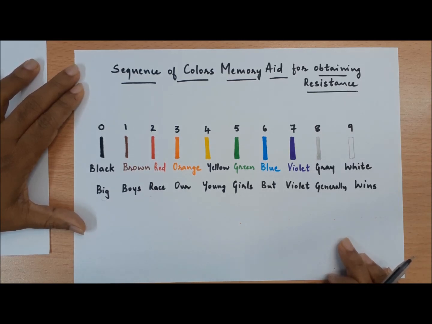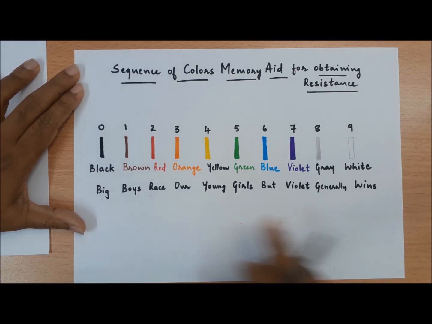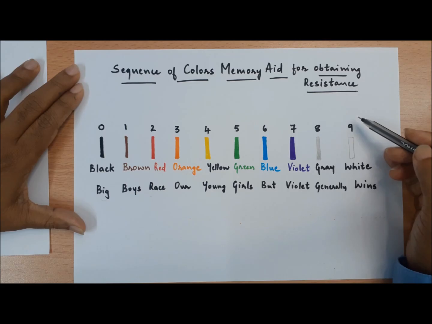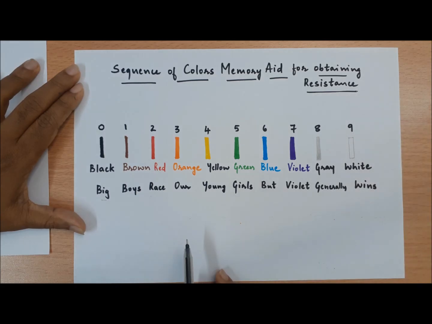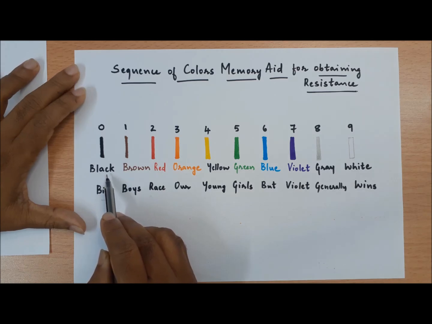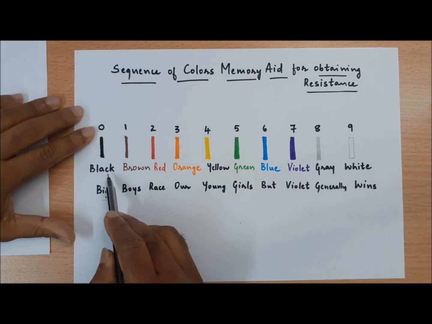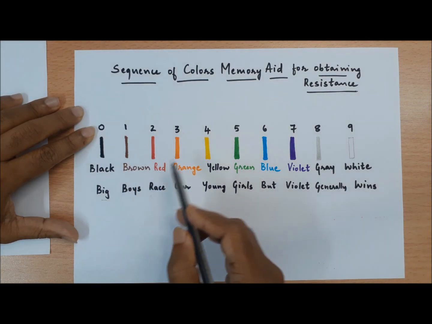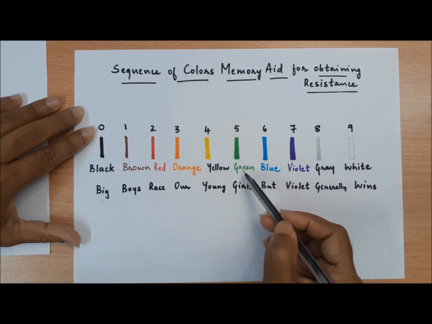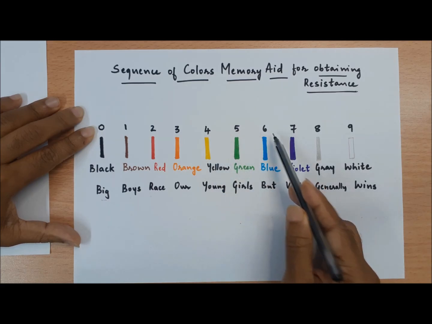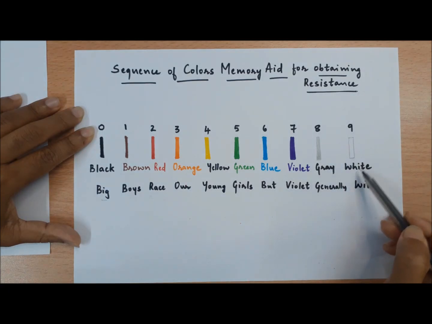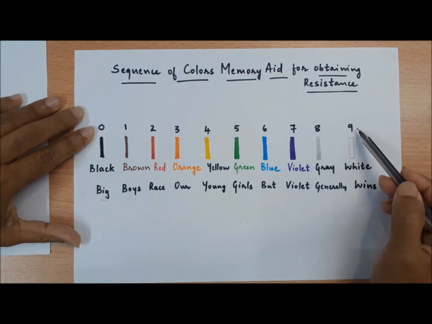They can just follow these colors, note down their respective numbers and remember. So if the band is black, the number is 0. If it is brown, 1, red 2, orange 3, yellow 4, green 5, blue 6, violet 7, gray 8, and finally white is represented by number 9.